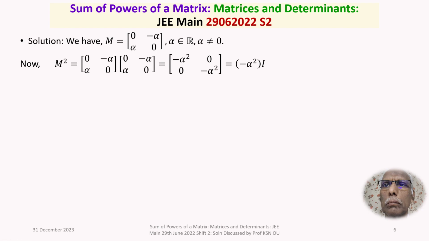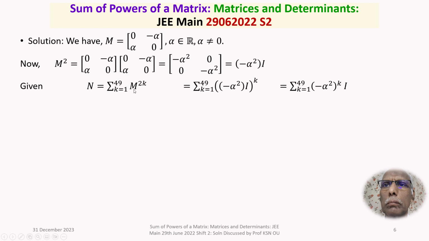Now, given N is equal to the sum from k equal to 1 to 49 of M power 2k. This M power 2k is the same as M square to the power of k. So the sum from k equal to 1 to 49 of (minus alpha square multiplied by I) to the power of k.